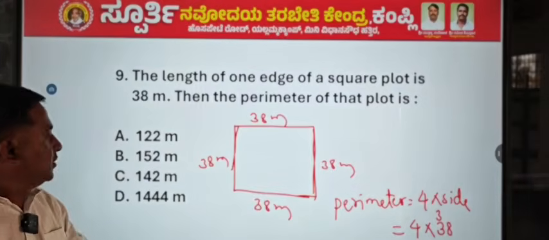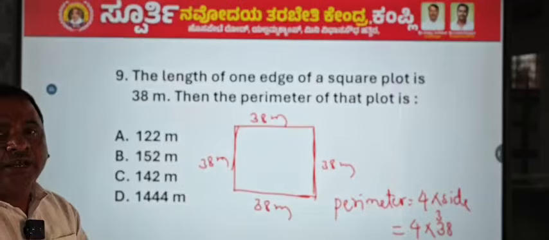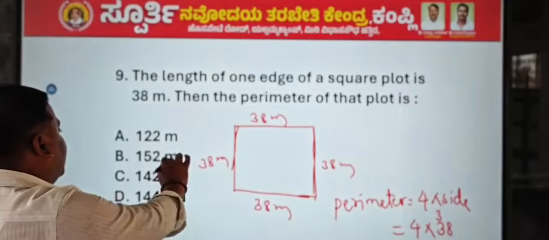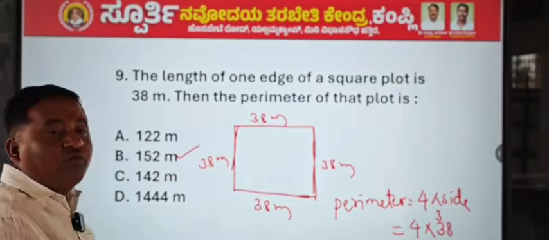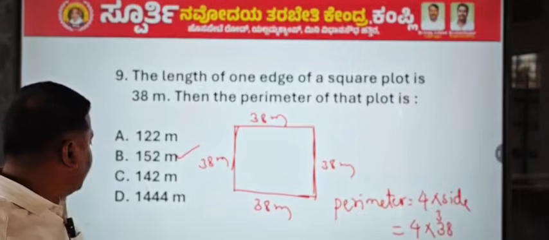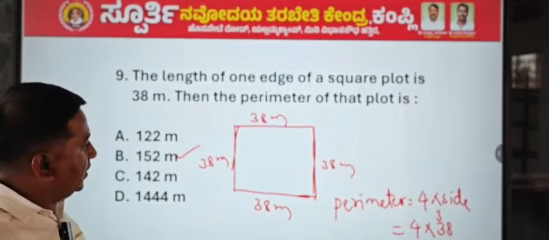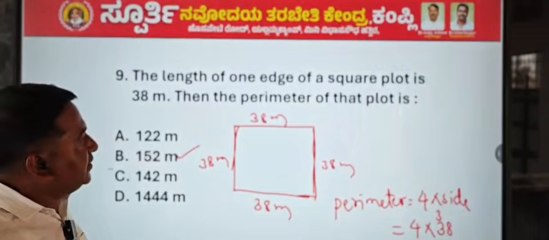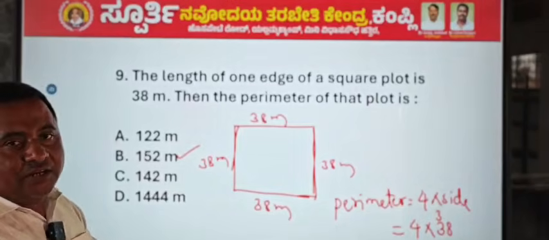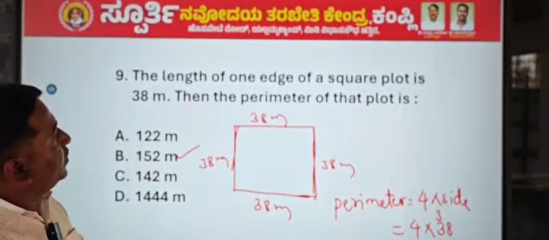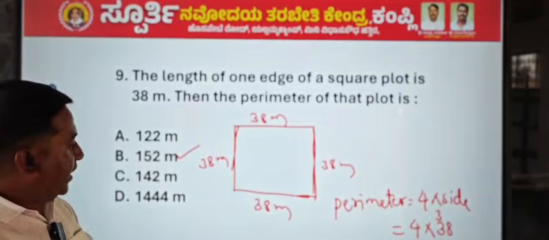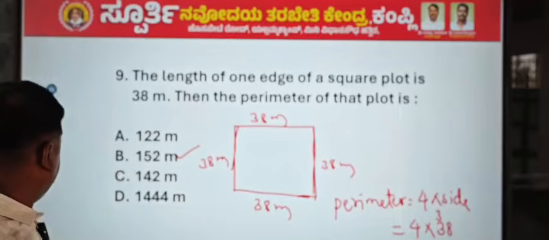Here, first option 122 meter is not correct. Second option 152 meter is the right one. C option 142 is wrong. D option 1444 meter is also wrong. Like this, you have to solve the problems. Then you will get good marks. If you read the question properly, then you are able to solve the question. Okay. Next, we move to the next question.